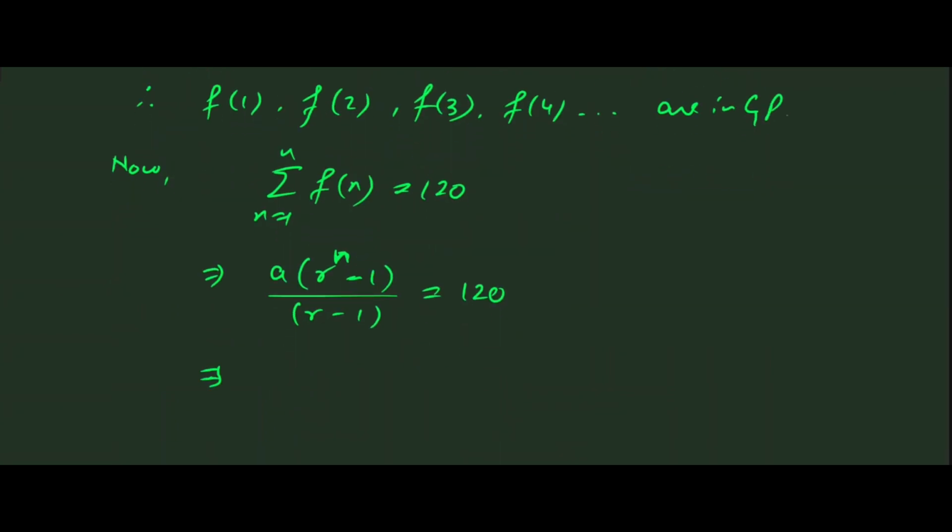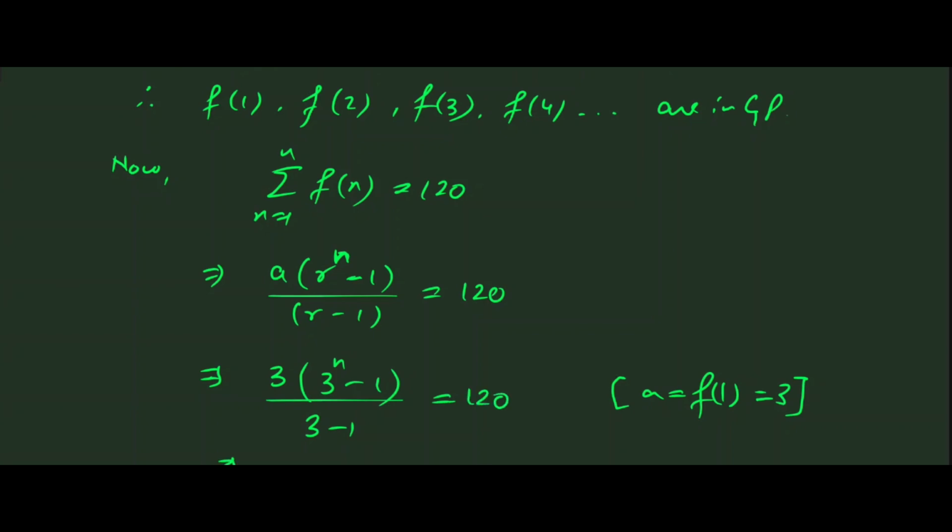So first term here is actually 3, which is f of 1 given. And we get r as 3. So 3 to the power n minus 1 over 3 minus 1.